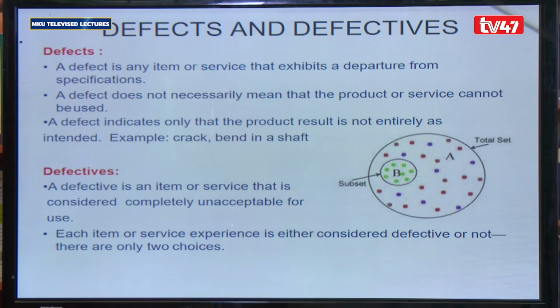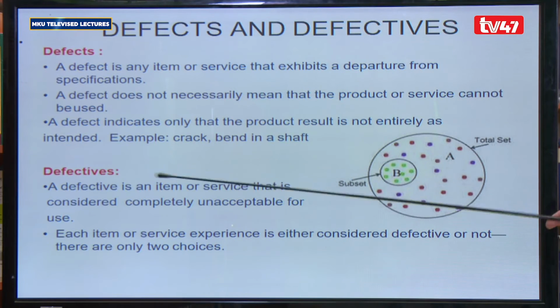If we are talking of the car shaft, we can have a bend. If you have a bend on the shaft, then we can say that there is a defect, but it does not necessarily mean that we cannot entirely use the product. So these are things that can easily be rectified.